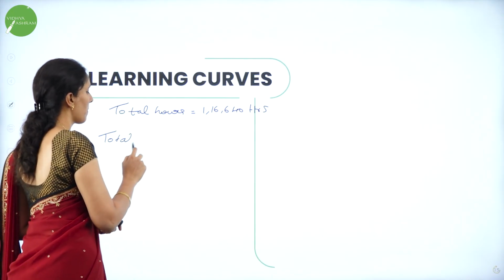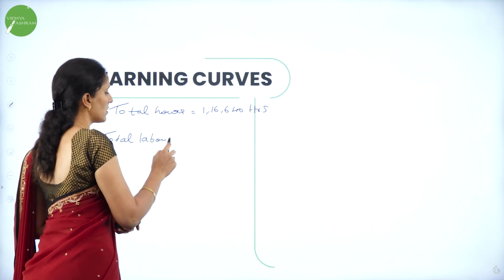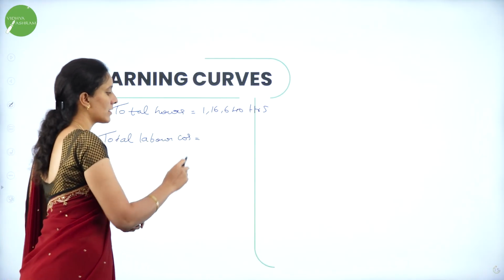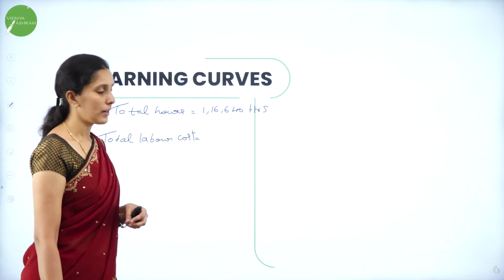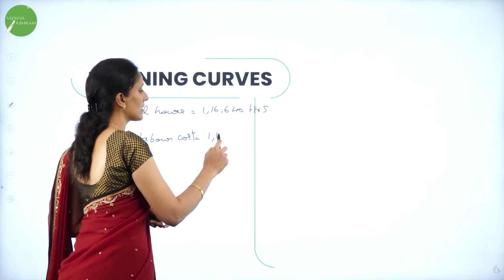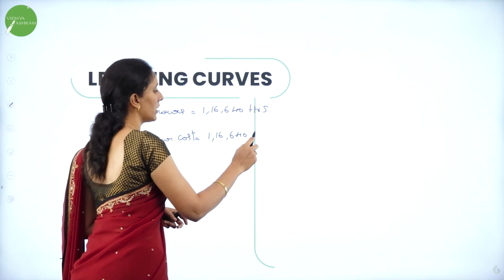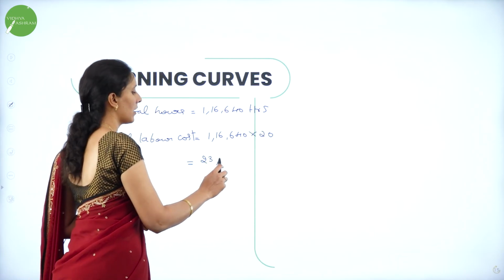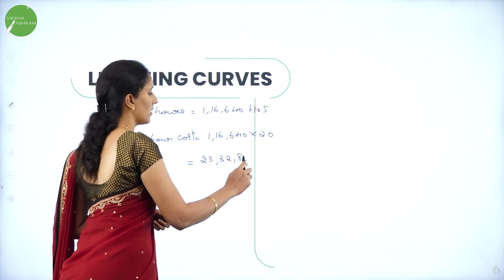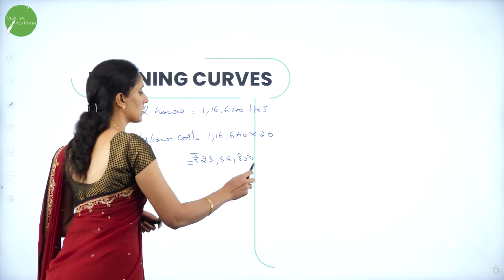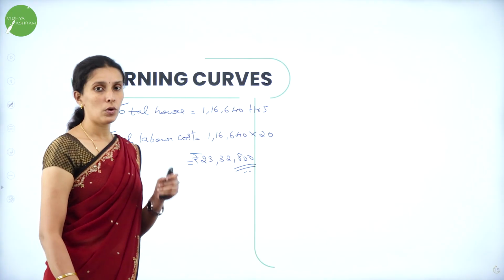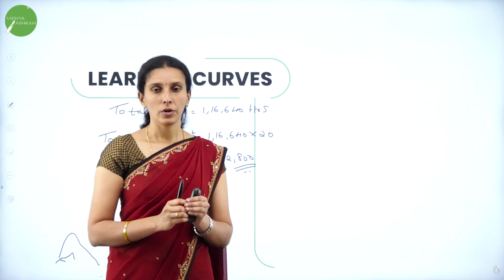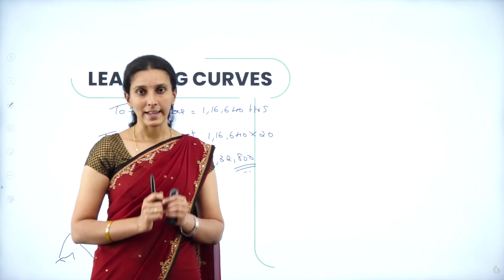So the total labor cost, it is rupees 20 per hour. So 1,16,640 into 20. That is equal to 23,32,800 in terms of rupees. So this is the total labor cost to produce 8 water tankers.